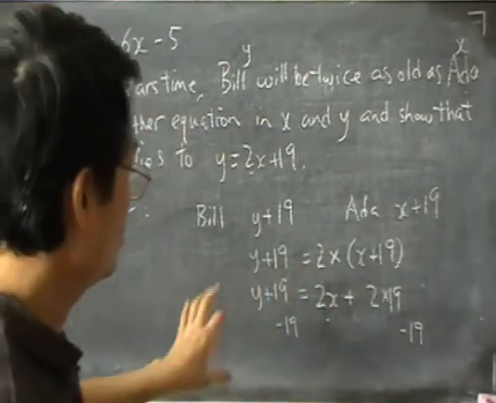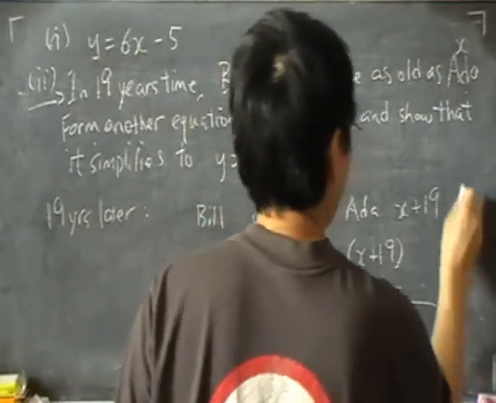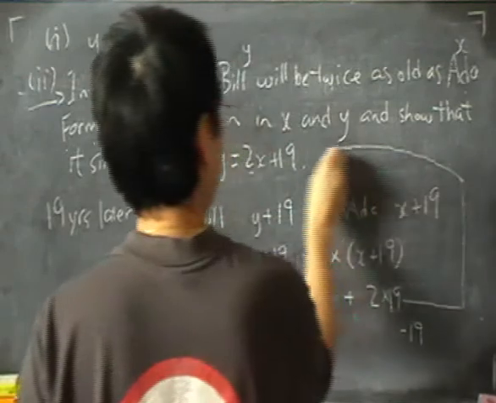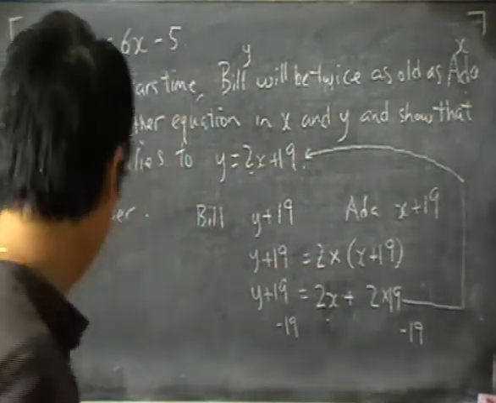So once we see this, we know that if we subtract 19 from both sides, we will get the answer.